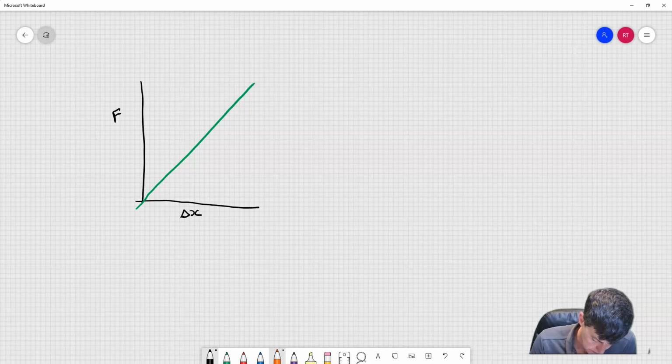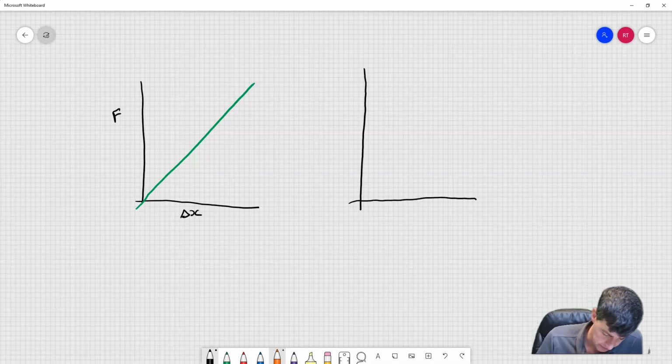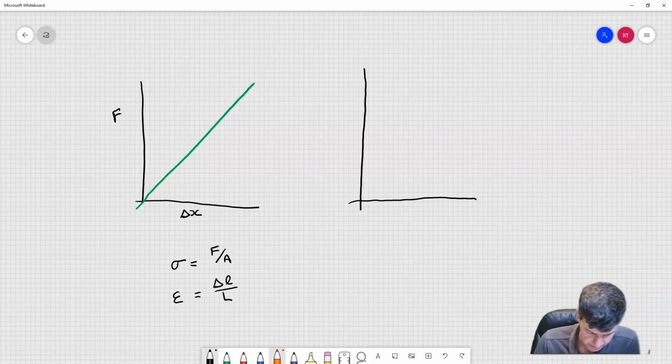When we talk about materials, we don't use force and change of length. Recall that we had a couple of terms that we've used previously. We had stress, say a normal stress, which is a force per area. We also have strain, which is a change of length compared to length.